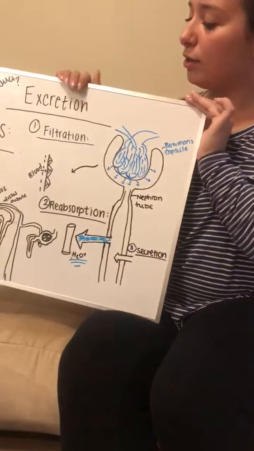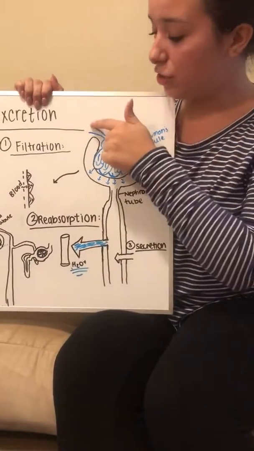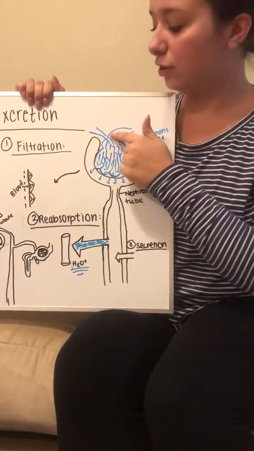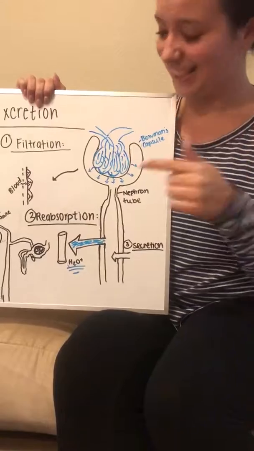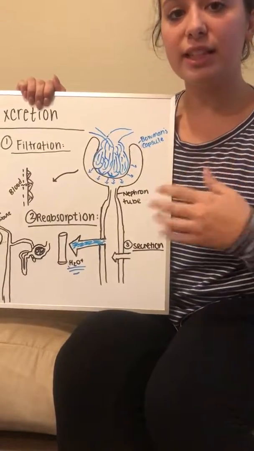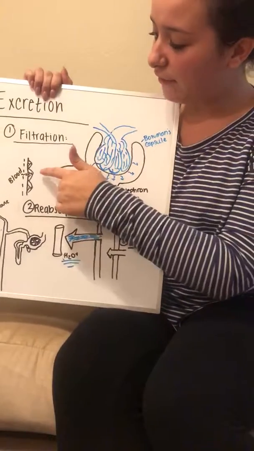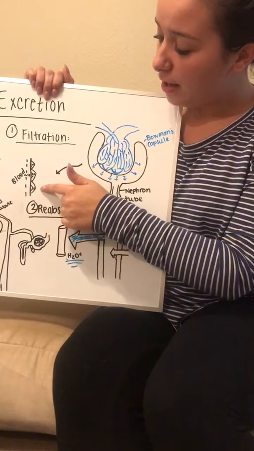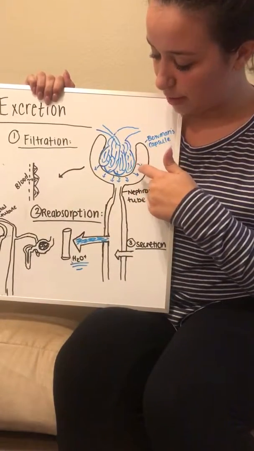Filtration is done when blood pumps throughout the body into the afferent arteriole, coming in through the glomerulus. The glomerulus is then pumping the blood across a very thin and porous barrier between the glomerulus and Bowman's capsule.